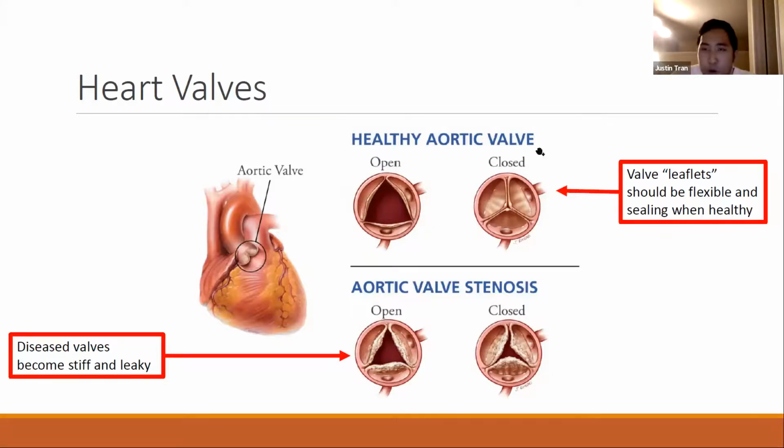They open and close purely based on pressure. When the pressure inside the heart is greater than on the other side, the valve is going to open. But when the pressure gradient reverses, and you have low pressure here, the valves just close by themselves, so they're completely passive.